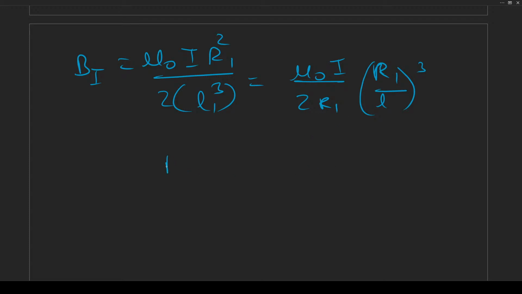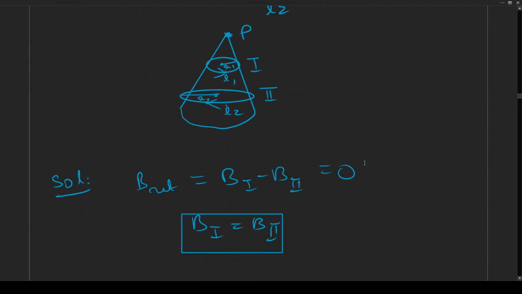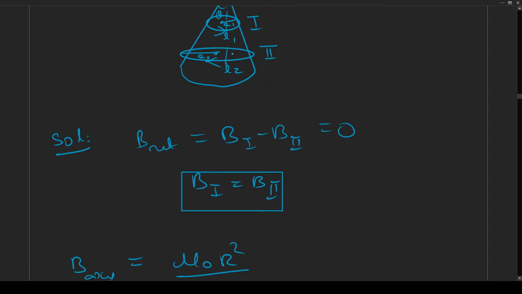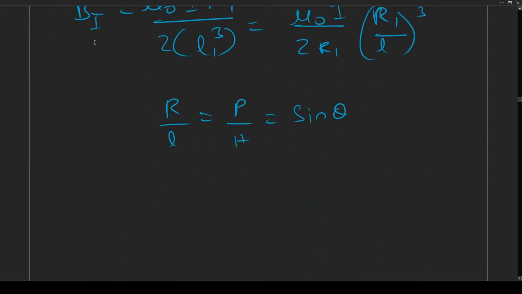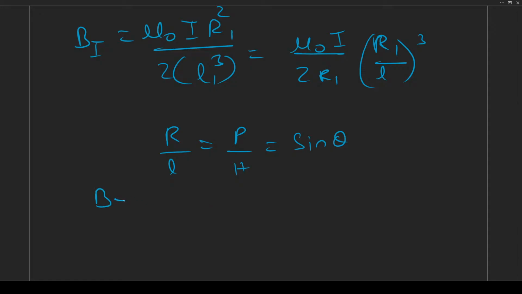And R by L is the same as P by H, which is equal to sine theta, assuming this angle to be theta. So B1 is equal to mu naught I1 by 2R1 sine cube theta.